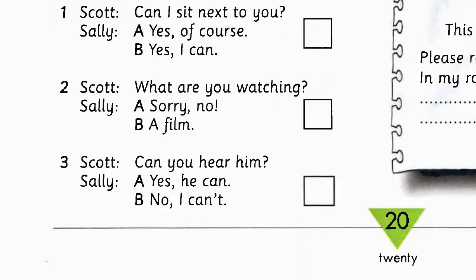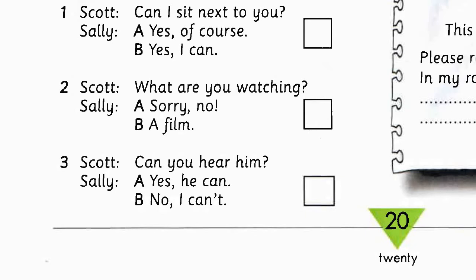How about number 2? What is the answer? What are you watching? A, sorry, no. Or B, a film. Well done. B is correct. So right here, inside this box, B. Good. Very good.